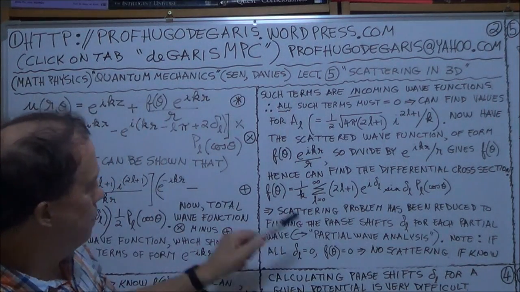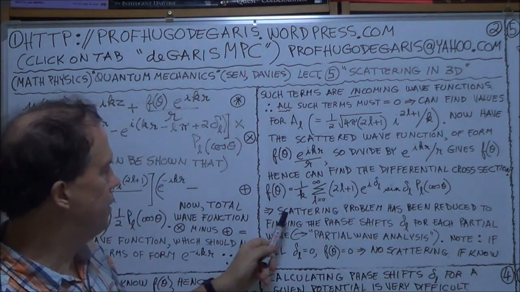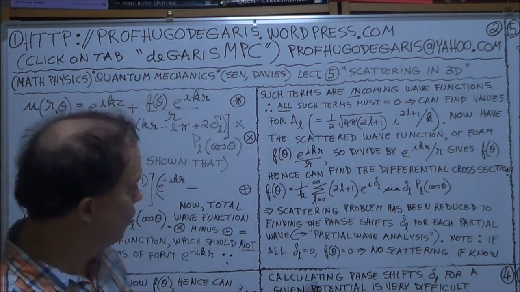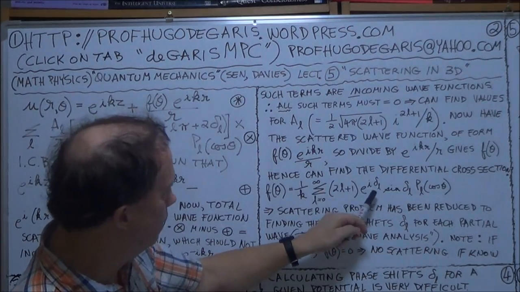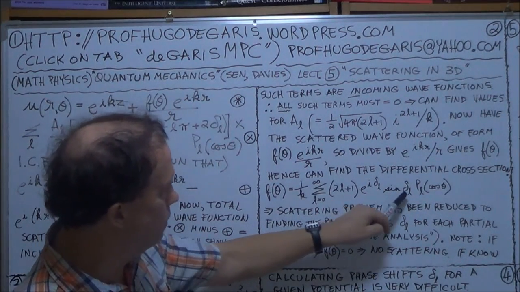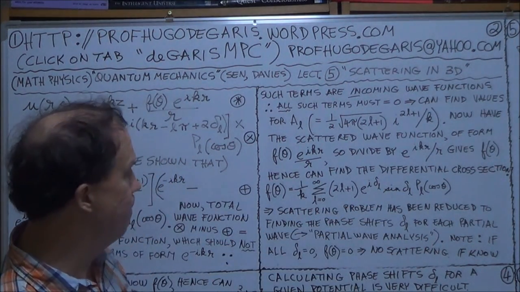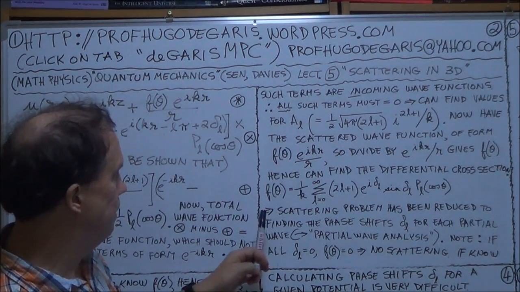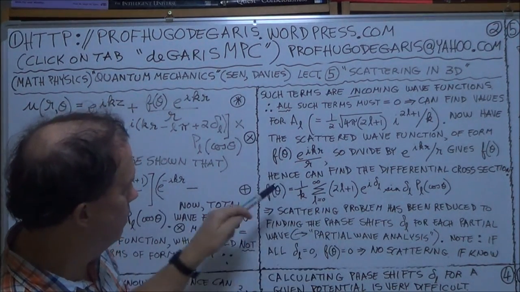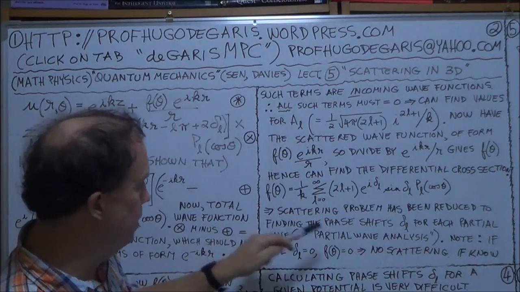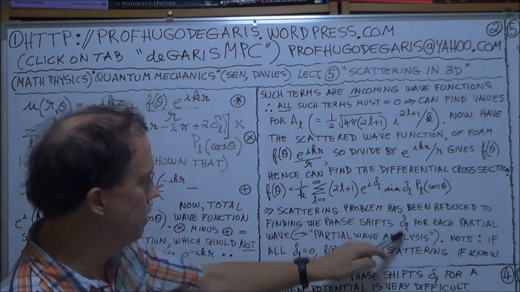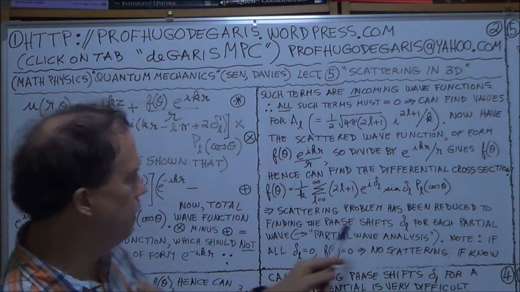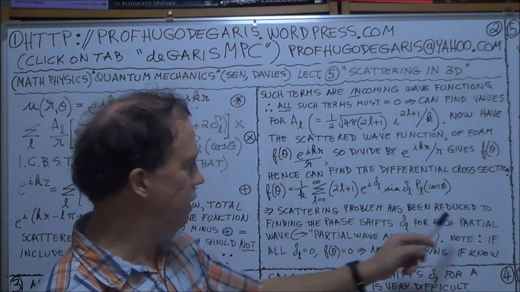So in other words, the scattering is all about this f of theta. And this f of theta, if you look at it, is about these phase changes, these deltas. So the analysis of scattering boils down to calculating these deltas for each partial wave.